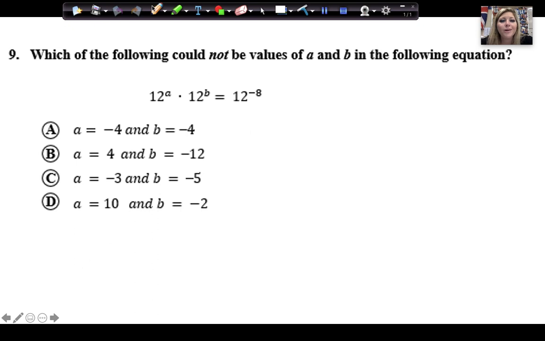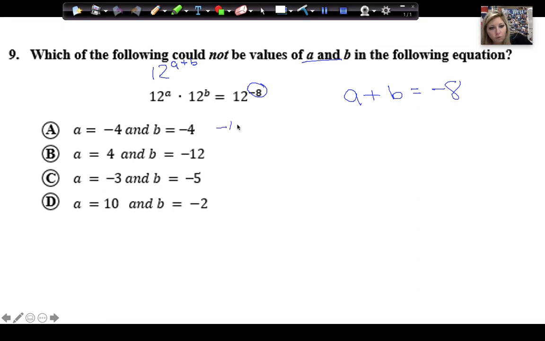Which of the following could not be values of A and B in the following equation? We remember when we are multiplying exponents with the same base, we add our exponents. So A plus B has to equal -8. So we want to see which one does not equal -8.